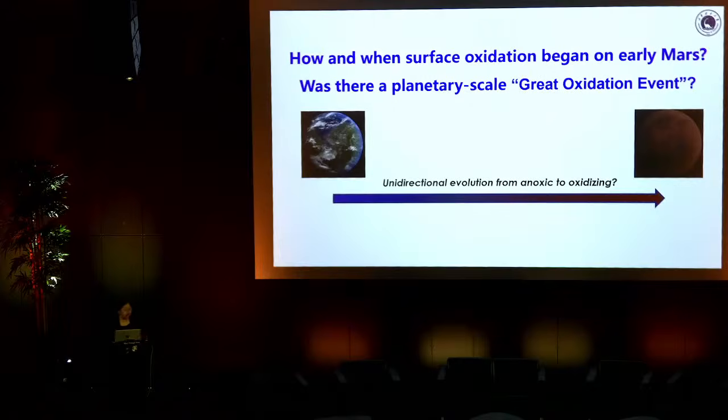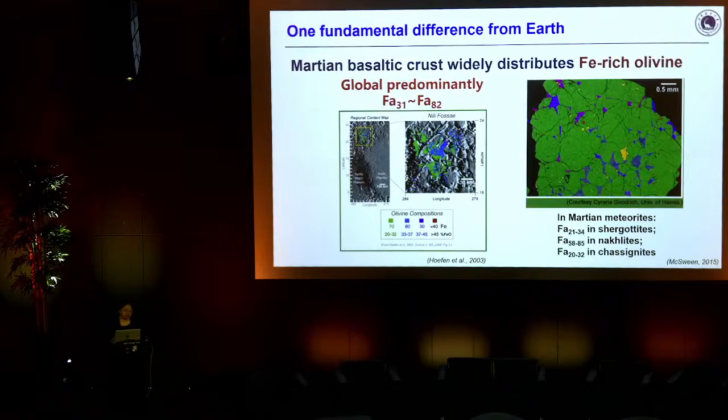Also, during the past decades we didn't see much organic or microbial activity on the Martian surface, so we really lack a reduction process for Mars. Is there any way that we can reduce the Martian surface a little bit? That's the key question we want to answer.